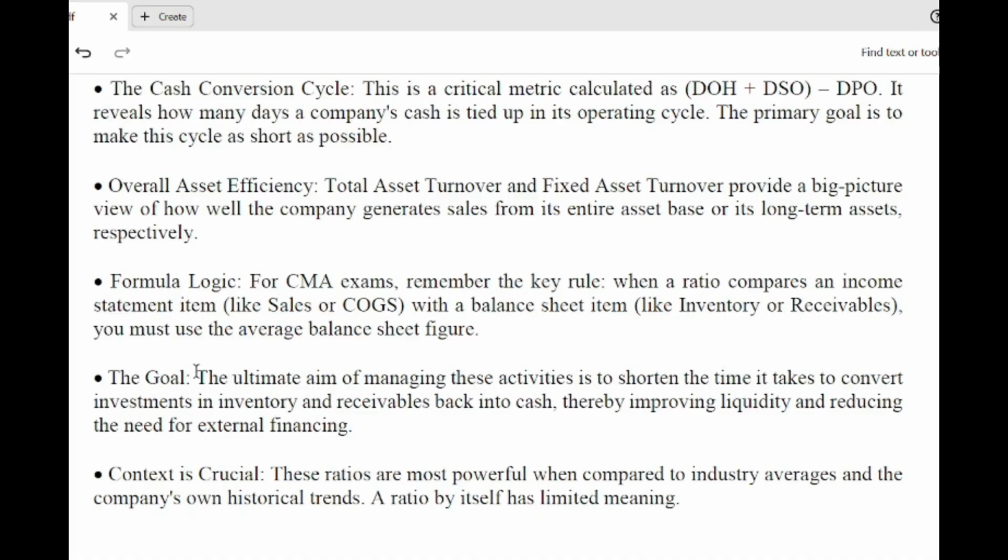The ultimate aim of managing these activities is to shorten the time taken to convert investment in inventory and receivable back into cash, thereby improving liquidity and reducing the need for external financing. The ultimate aim of analyzing these ratios is to reduce the number of days that investment stays in inventory and receivable, and to quickly convert them into cash.